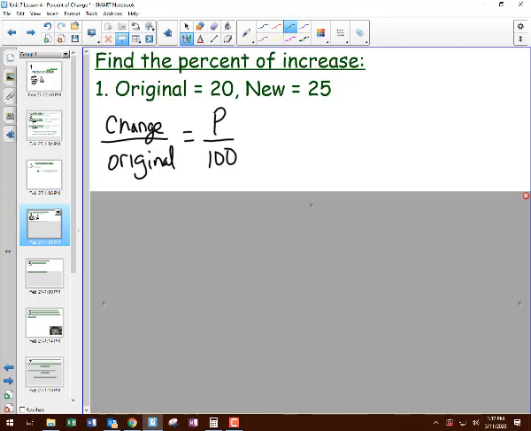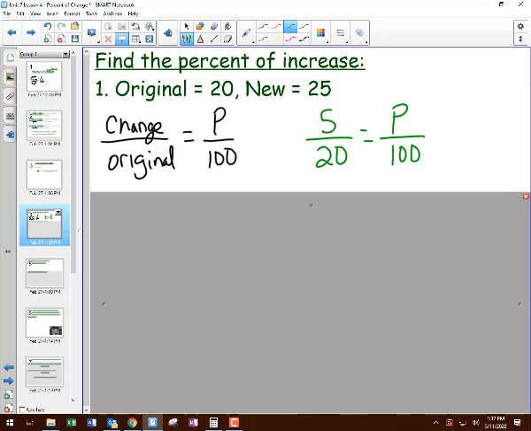Okay, so to this specific example here, what's the change between those two? If the original is 20 and the new is 25, we know that change to be 5. The original is 20, and we'll set that equal to P, which is going to stand for the percent change over 100. Now we're just looking the same as what we learned last week. We have a couple different ways to break this down and solve it. The first thing that you should always do is reduce to make your life easier.